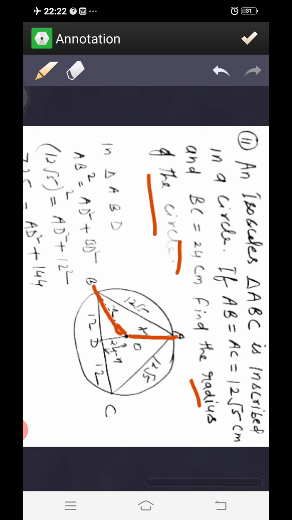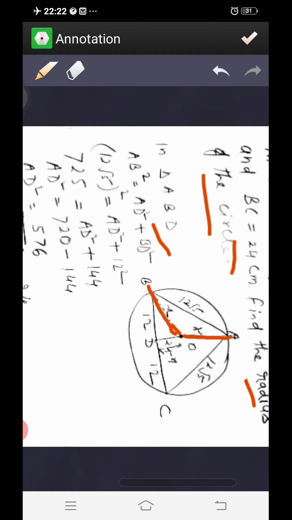Now we take triangle ABD. In this triangle, AB square equal to AD square plus BD square. 12 under root 5 its square equal to AD square plus 12 square.